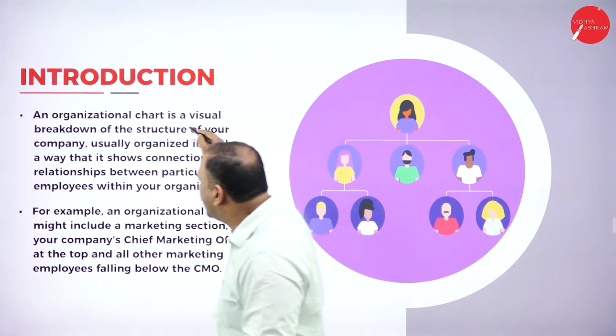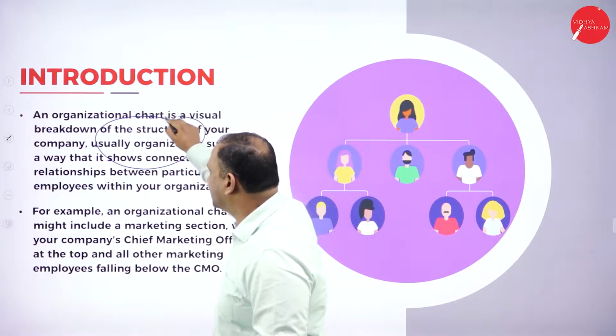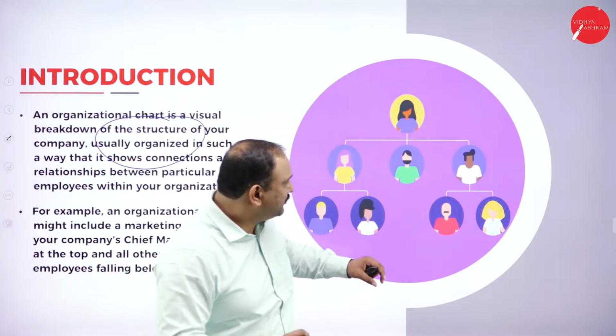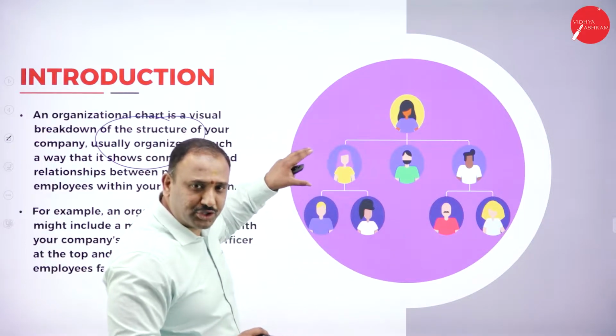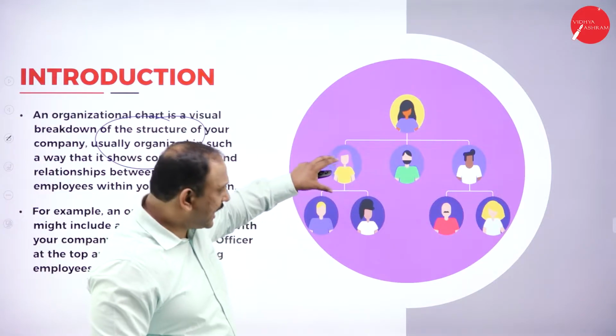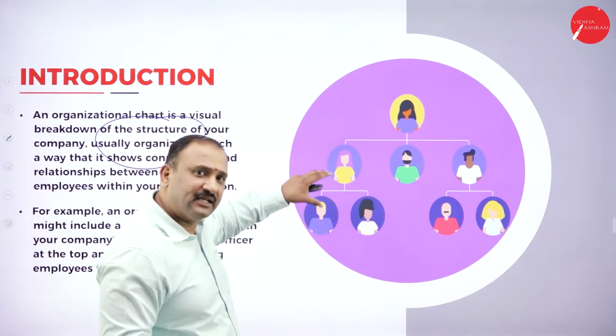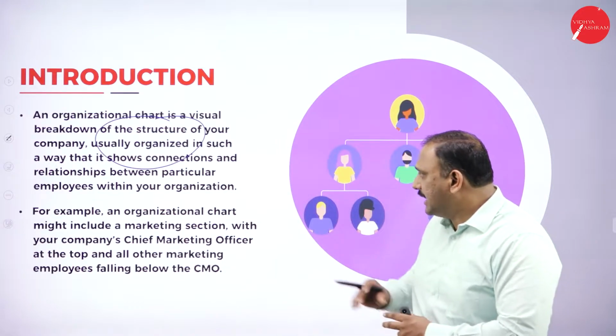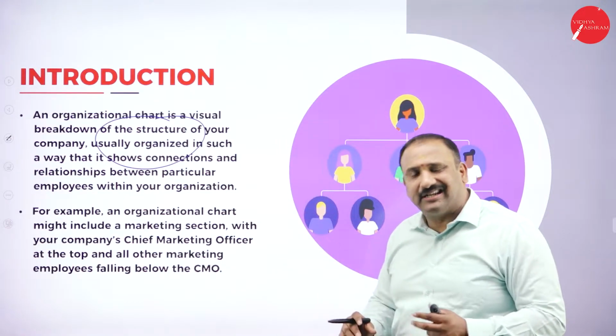Basically, it is a visual breakdown of the structure of your company. Normally, what happens is that I'm just going to give you a map which is going to show you the breakdown in terms of the employees, the departments, the system, how it is being structured altogether. Now, when you do that, it shows us the connections.